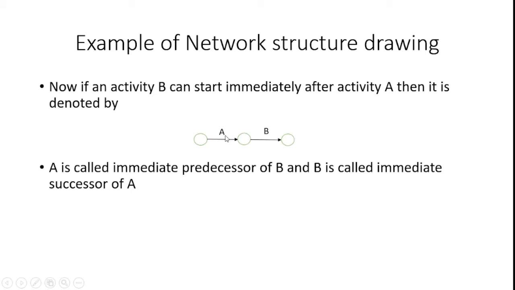Above the arrow mark, the activity is represented, like A. After completing A, B can be started from the node. Here B is represented. So A is called the immediate predecessor of B and B is called the immediate successor of A, which is the basic thing we should be aware of in network structure drawing.